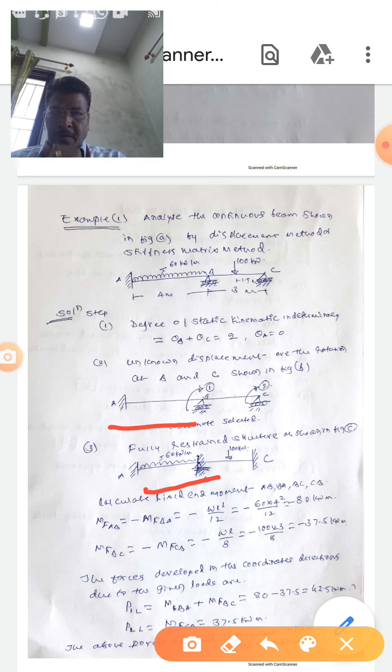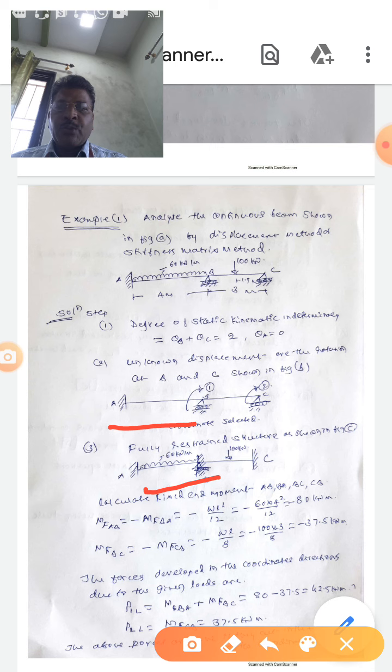Now, due to the loadings, the force at coordinate 1, that is P1L, is equal to MFBA plus MFBC, that is 80 minus 37.5. You will get 42.5 kilonewton meter as the force or moment.